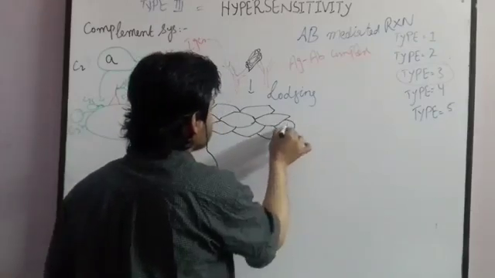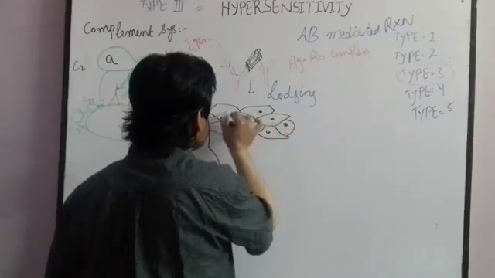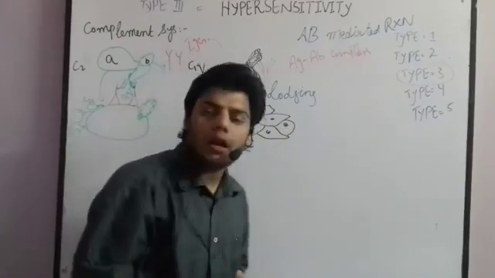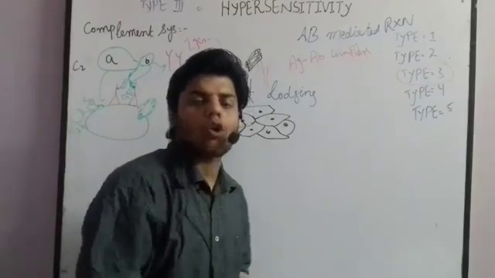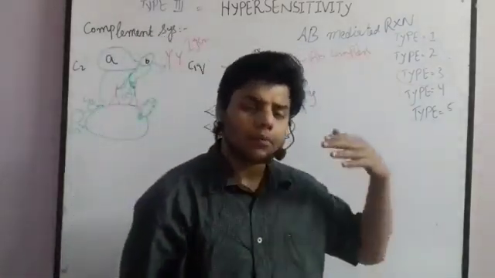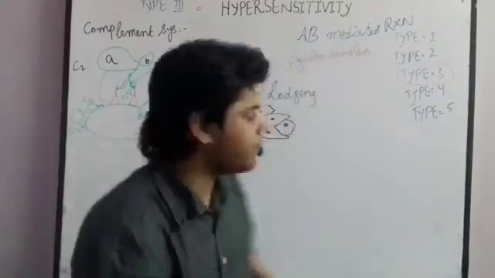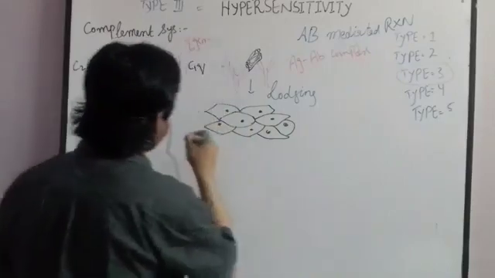These may be the tissue cells of our vessels, blood vessel tissue cells, lung tissue cells. Let me say which kind of tissue these are.